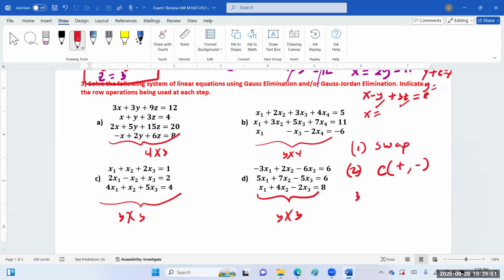And what's the third one? It's in the second one. You're allowed to multiply by a non-zero constant. So you can swap 2 rows, you can multiply the entire row by a non-zero constant, and then you can multiply a row by a constant and then add or subtract with the other row. So addition, subtraction is allowed, multiplication by a constant is allowed, and swapping is allowed. These are the three operations you're allowed to use in the elimination process.